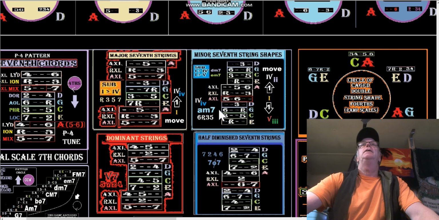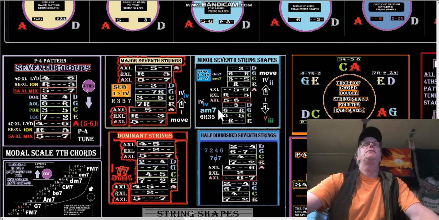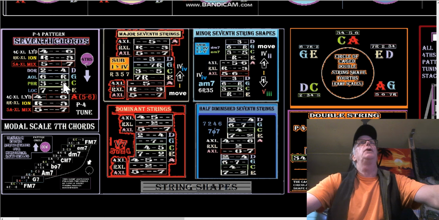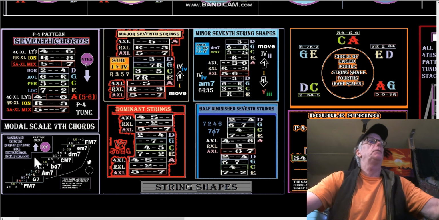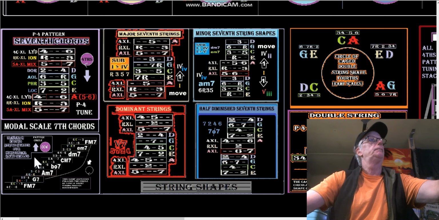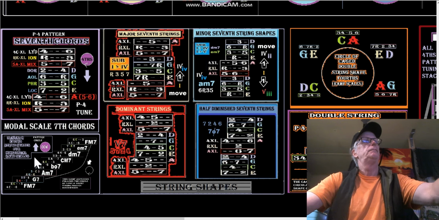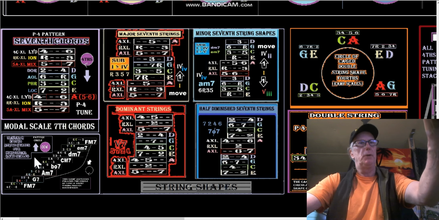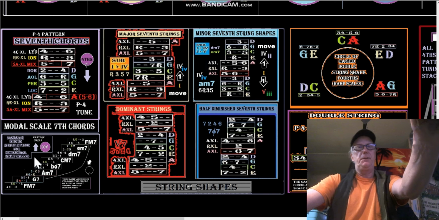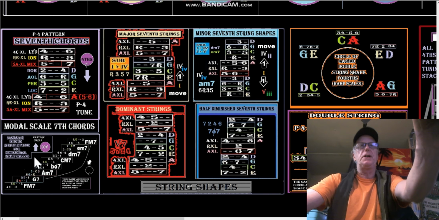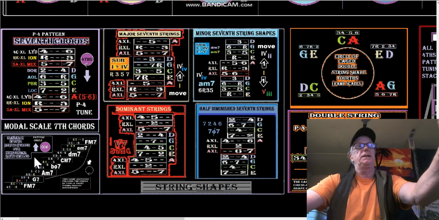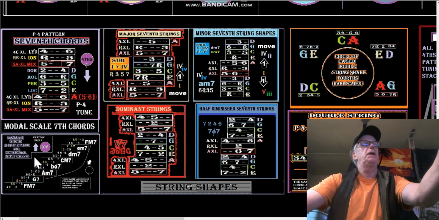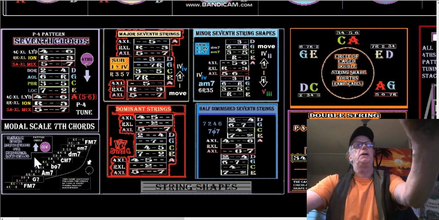Look over here, and when I was doing the 7th chord ramp scale, where we're hitting every mode in its 7th, well, guess what? The 5th mode is dominant, and that's also unique. So we've got like an E minor 7th, a D minor 7th, and an A minor 7th.